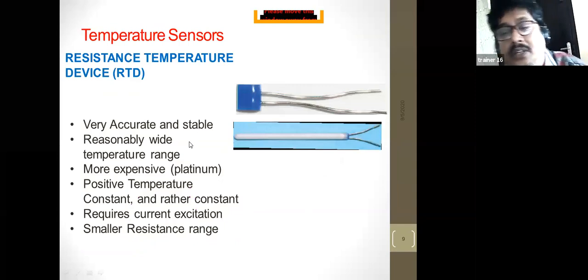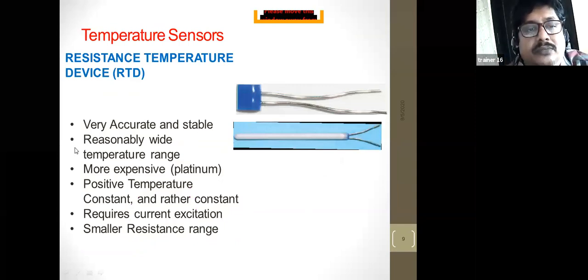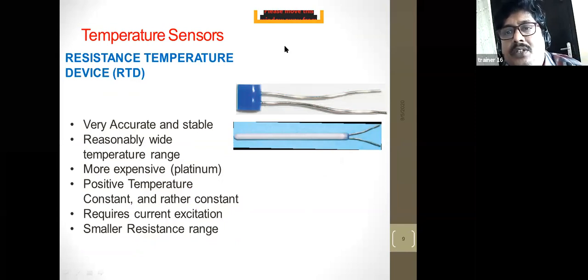RTD, resistance temperature detector. You see here, in the word itself it is there, right? It is a resistance temperature detector. See here, this is a resistance temperature detector.